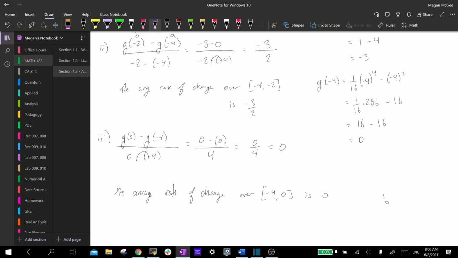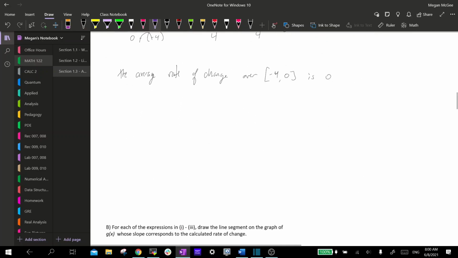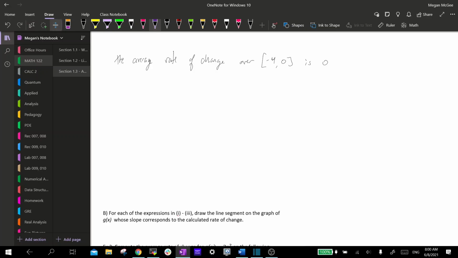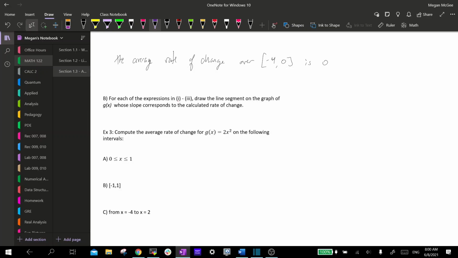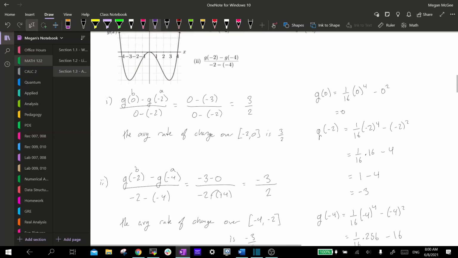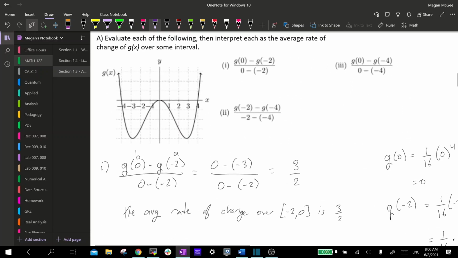So let's kind of take a look at this graph that we had above, because our second part to this problem says for each expression, draw the line segment on the graph whose slope corresponds to the calculated rate of change. So, our first calculation was on -2 to 0.